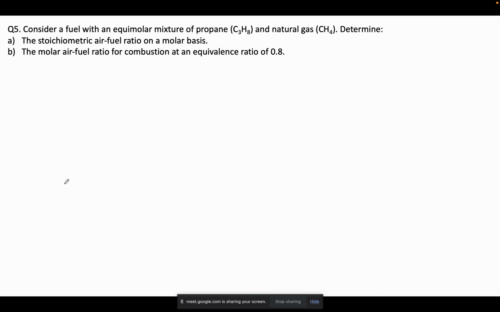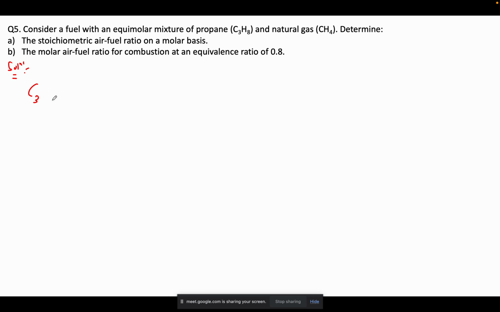So in this case, we will do individually what air is required for combustion of propane and also for natural gas. Let us first do propane.